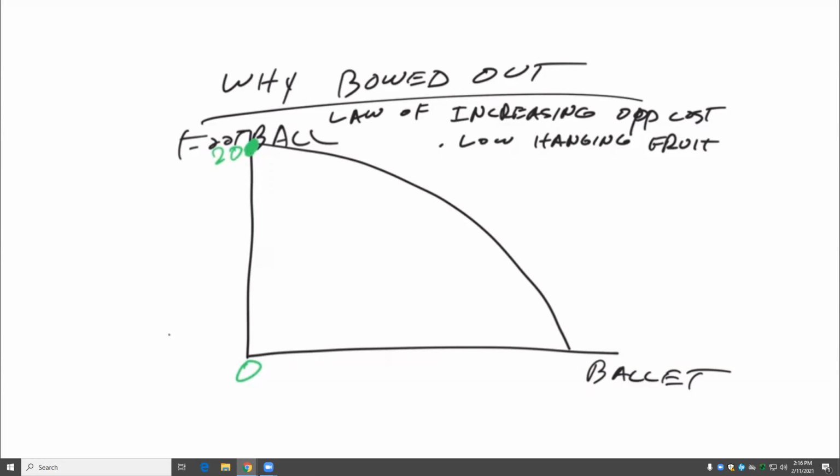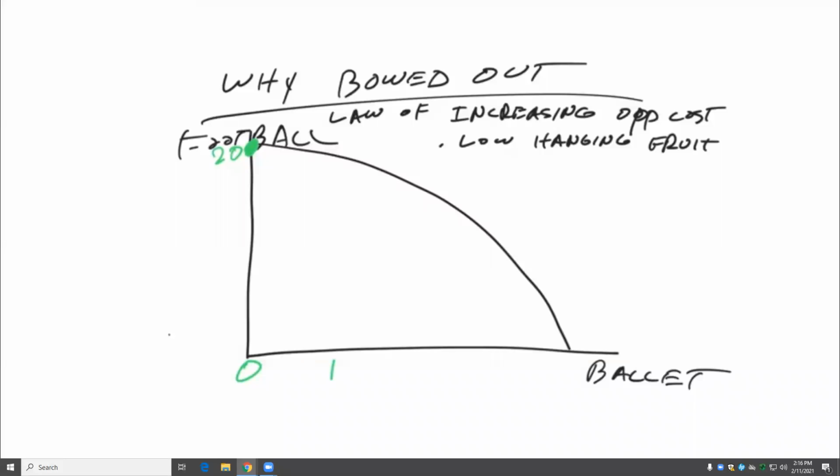And I love football. So we think that producing a ballet, let's start a ballet. That'll fix the problem. So we decide to go with one ballet.